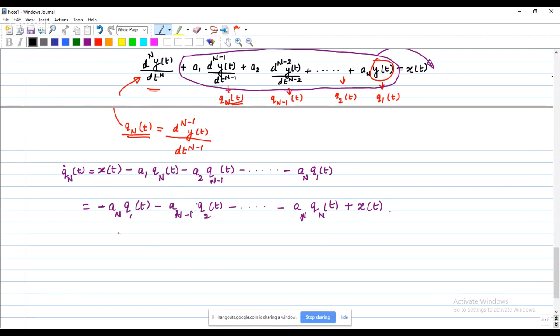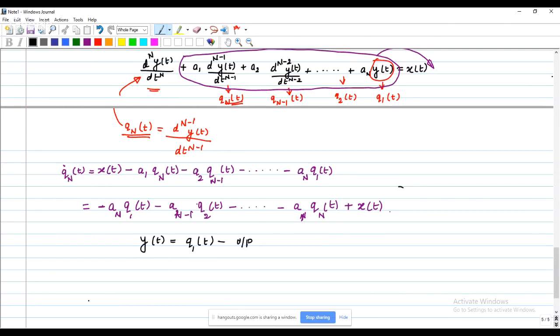And we got what is q1, q2, q3, and we have assumed that y of t, not y1 of t, I'm extremely sorry. We have y of t is equal to q1 of t. That is our first assumption, right? So this becomes our output equation. This becomes our state derivatives equations, and we have state equations.